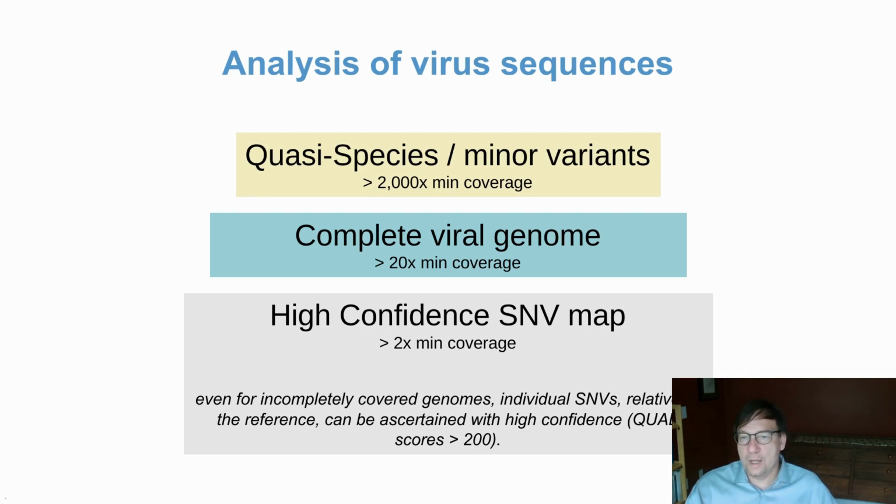But more importantly, we can get high confidence SNP maps with just 2x minimum coverage. And that is because 2x minimum coverage across the whole genome still has regions of up to 50-fold coverage for individual SNPs. And if these SNPs are covered, we can use them to generate trees.